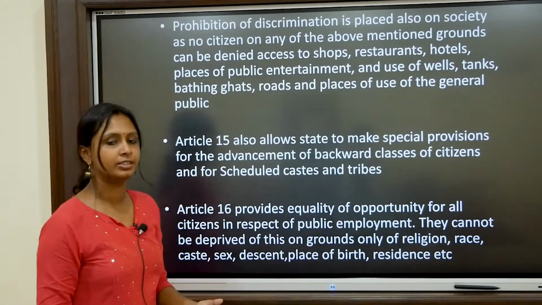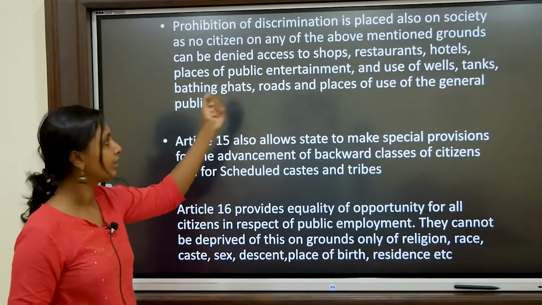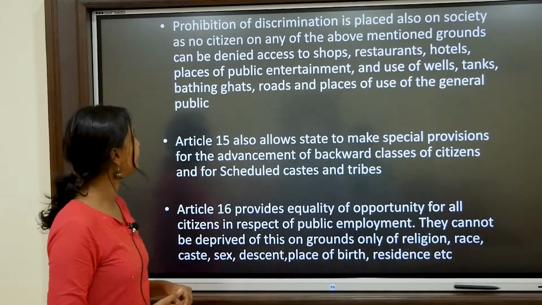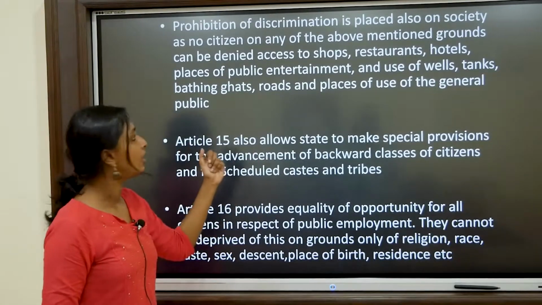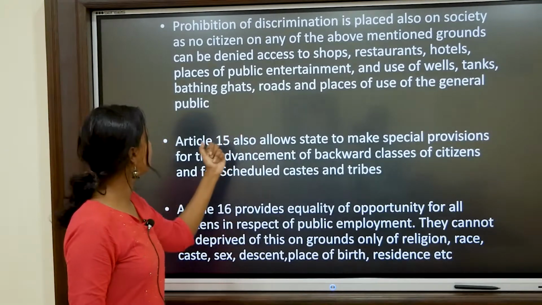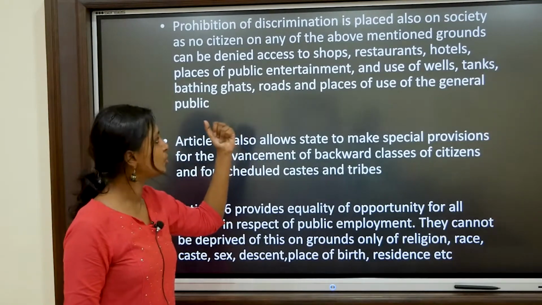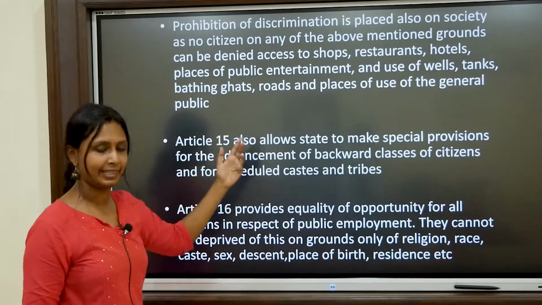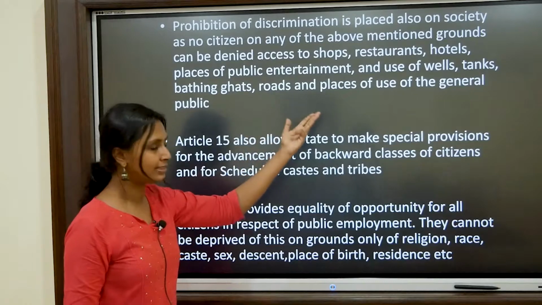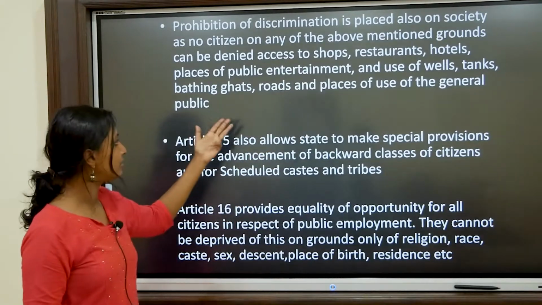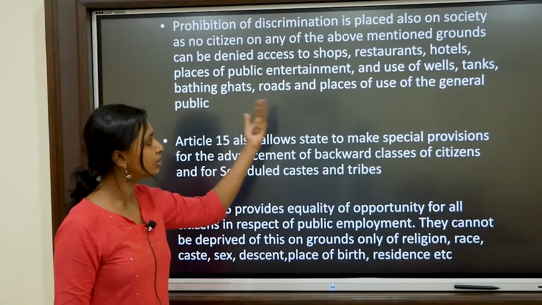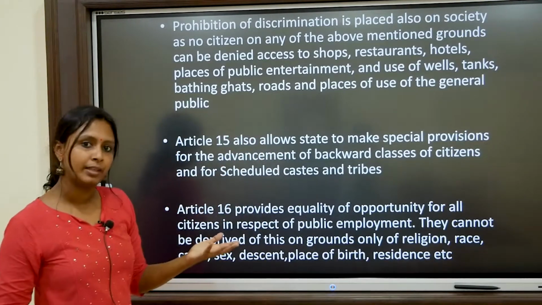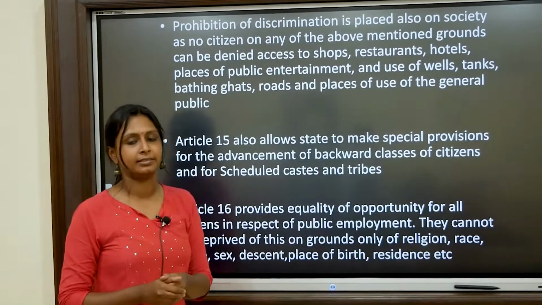And another concept is also related to this. Prohibition of discrimination is placed also on society, as no citizen on any of the above mentioned grounds can be denied access to shops, restaurants, hotels, places of public entertainment, and use of wells, tanks, bathing ghats, roads, and places of use of the general public. In India, there was much discrimination.